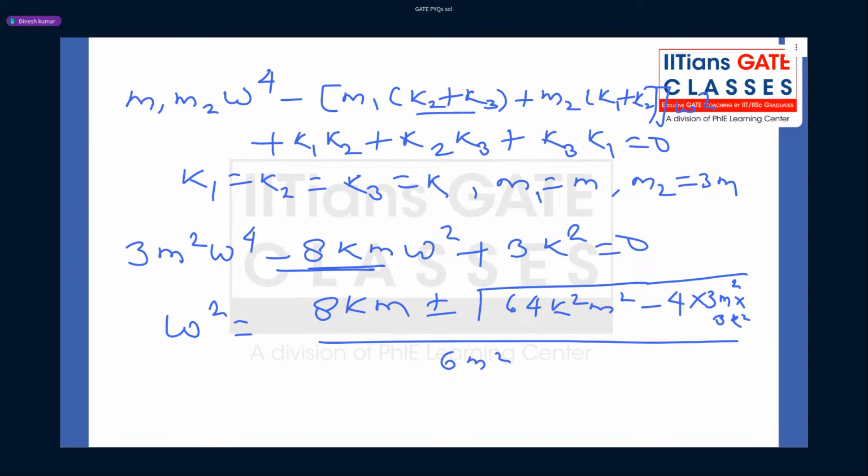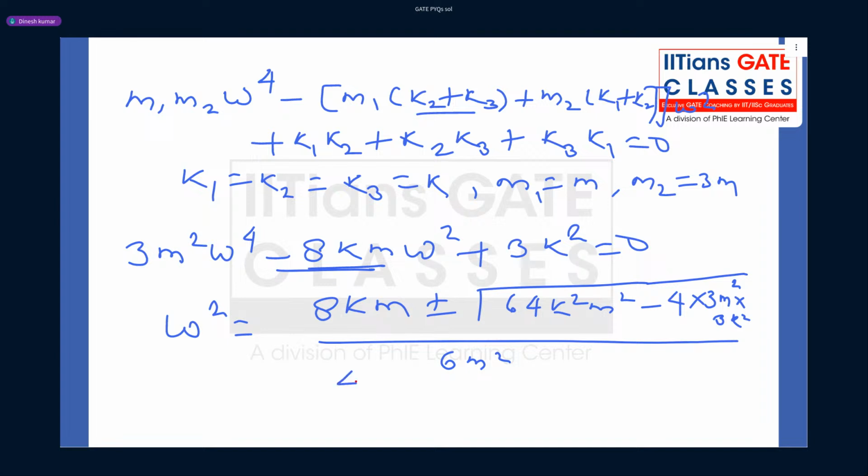Okay, now if you further simplify, throughout you can take 2 common. You can also take m common. So what we find, 3 into 3 is 9, 4 into 9 is 36, so 64 minus 36 will be 28. Then again you take 4 throughout, 2 out.